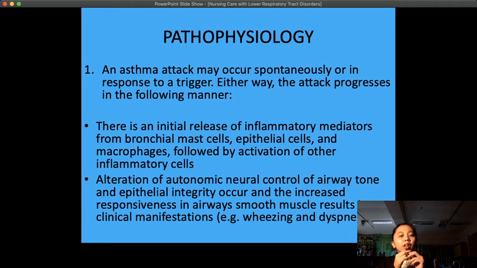Lumalabas ang mga inflammatory mediators. And then alteration of autonomic neural control of airway tone and epithelial integrity occur, and the increased responsiveness in airways smooth muscle results in clinical manifestations such as wheezing and dyspnea.